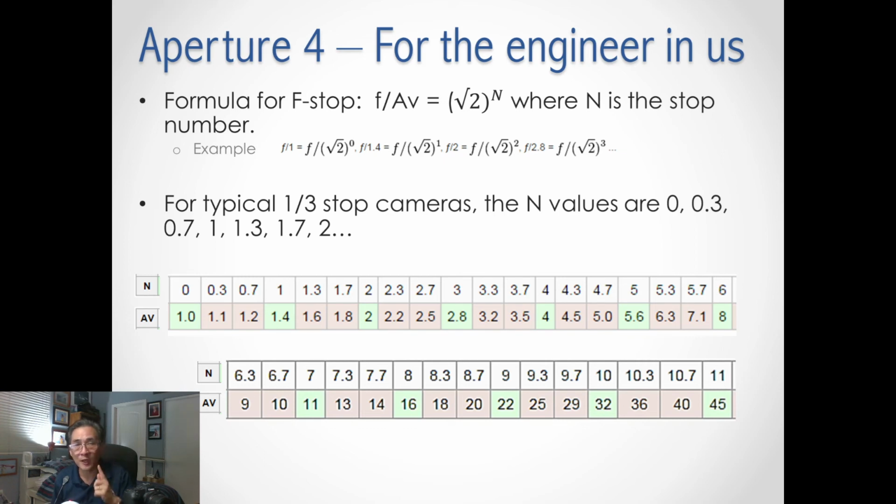So the number is 1. You let 1/4 of the light in, your n number is 2, and so on and so forth. I hope that makes sense. Okay, so you plug in the n number to square root of 2, and you will get the numbers that you will get.